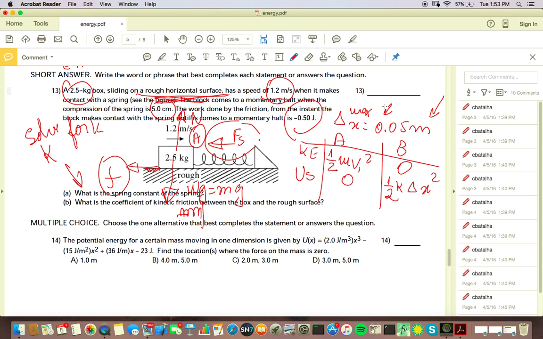So what else do you have to include? Remember, we have the friction doing some work. So the friction, in our book, is called work done by other forces, forces other than gravity, or forces other than the spring, or forces other than the torque that rotates. And we are going to learn this later.